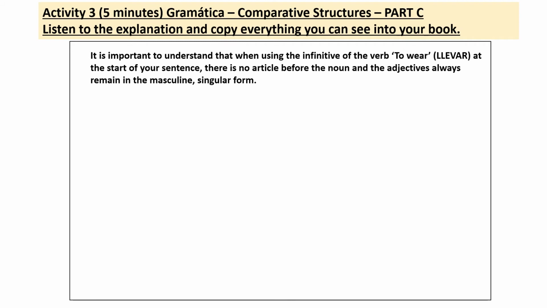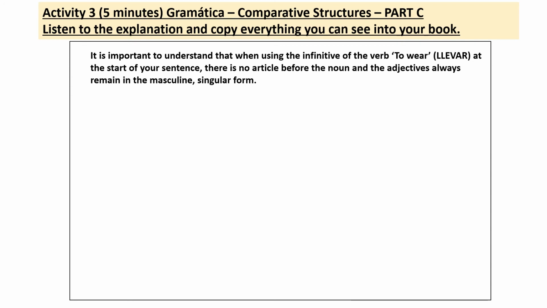Okay, so let's move to part C of the comparative structures explanation. It is important to understand something, okay? Now, you know that in Spanish structures, there's always going to be some form of exception.